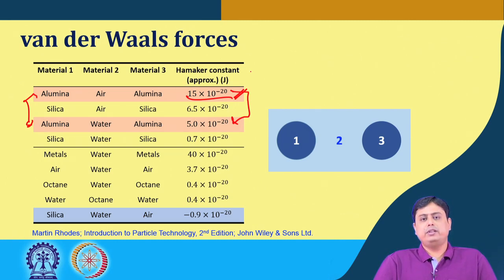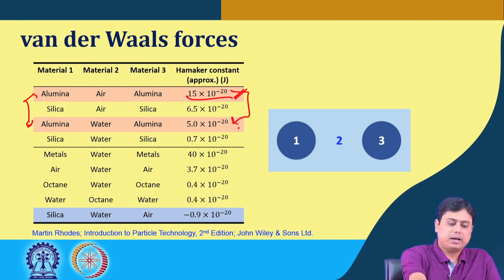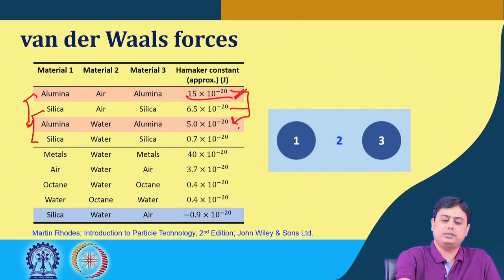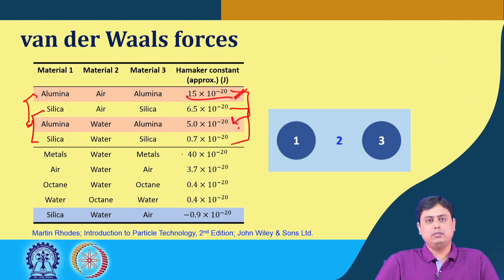As we change the intervening medium to water, the attractive forces have decreased, which means these particles are now easier to separate. Similarly, for silica particles we can see a similar difference. From 6.5 to 0.7, it has been reduced when we change the medium from air to water.